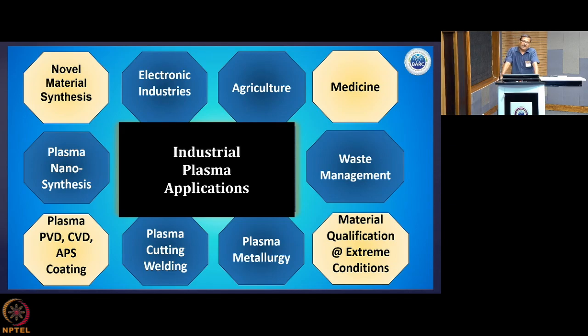What I show in this slide is that industrial plasma applications start from novel material synthesis to electronic industries, agriculture, medicine, waste management, then plasma metallurgy, plasma cutting, welding, then physical vapor deposition, chemical vapor deposition, atmospheric pressure plasma spray coating, nanosynthesis, and, as we have seen, material qualification under extreme conditions.